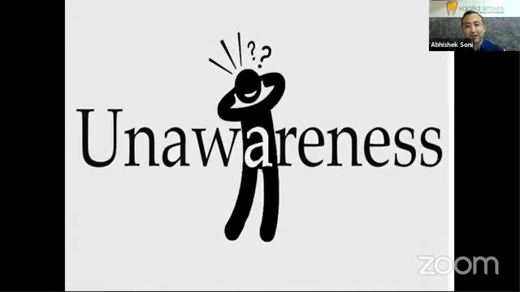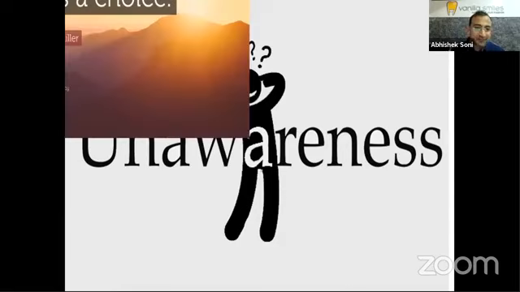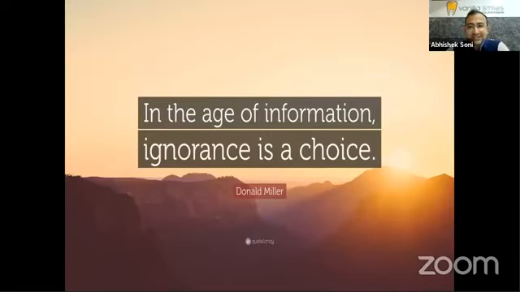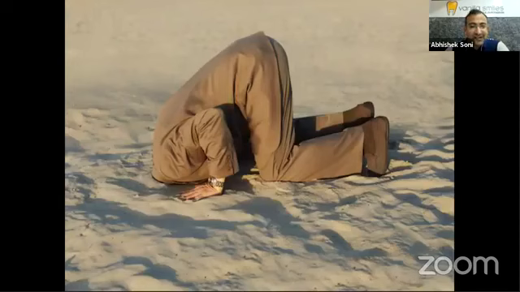So we all come across unaware parents, we all come across ignorant parents, but in the age of information, we believe that ignorance is just a choice. And we try beating our heads around trying to explain to them the importance of milk teeth, the importance of early intervention, the importance of establishing a dental home, and anticipatory guidance with us.